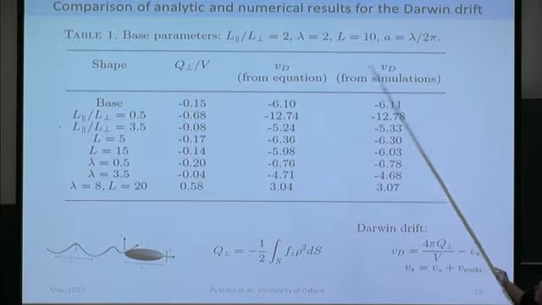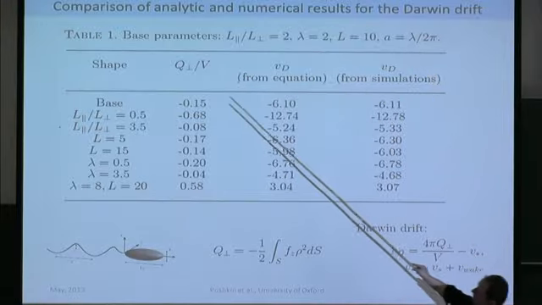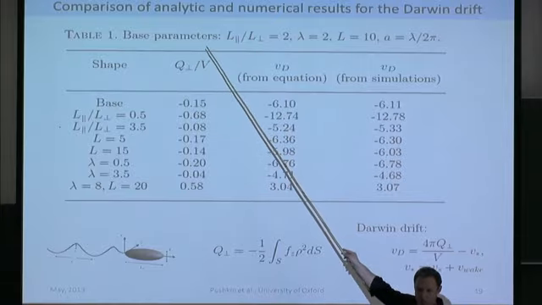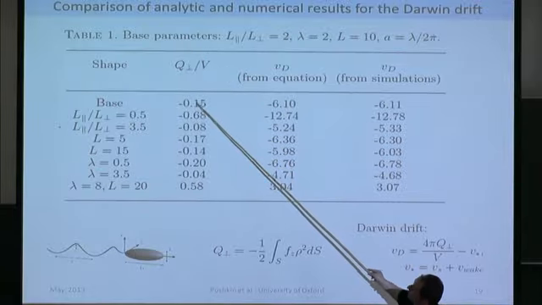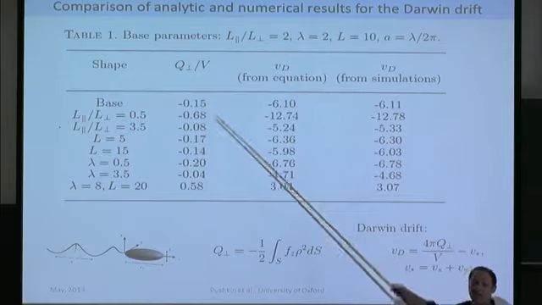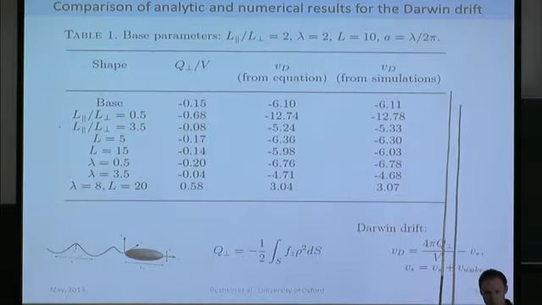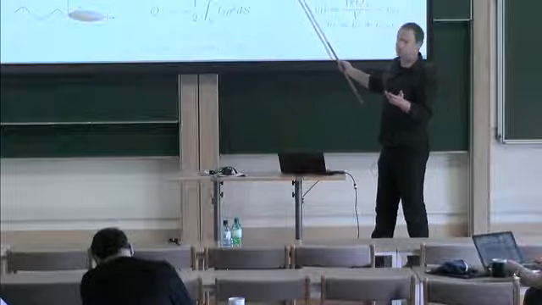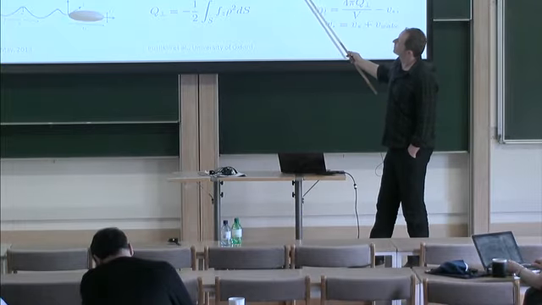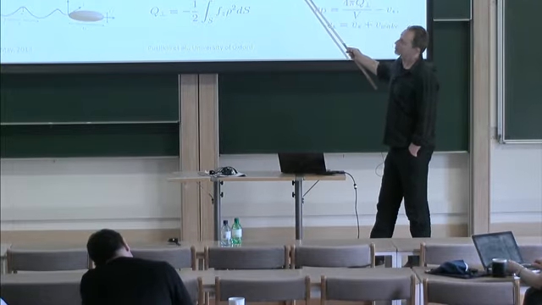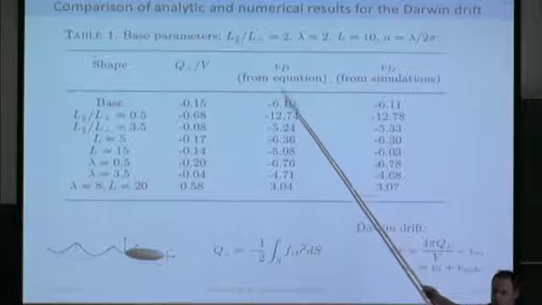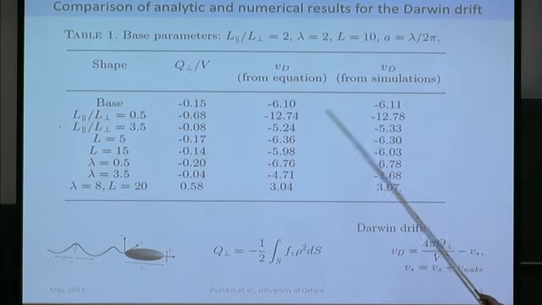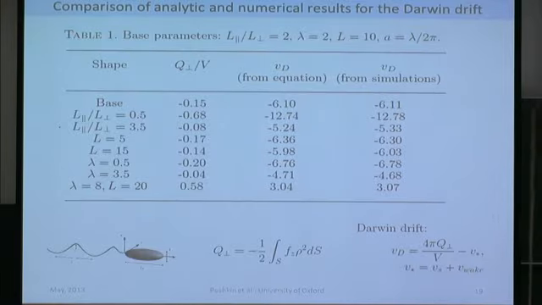So this is the base case. We find Q perp by numerically integrating the forces on the surface of the swimmer, and we also find that there is no wake for this swimmer. Using our previously obtained expression, we obtain this estimate: 6.1, that's the Darwin drift. And that's the value that we obtained from simulations, so we're quite happy with the agreement.